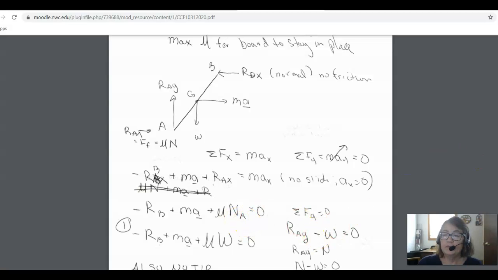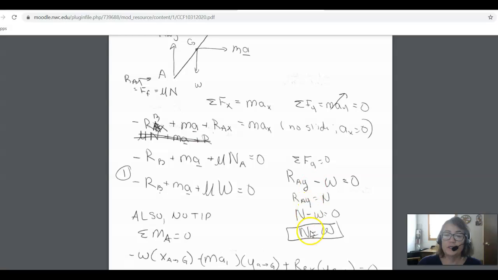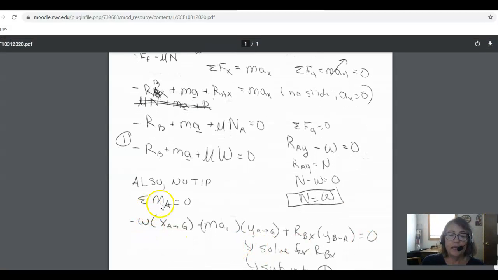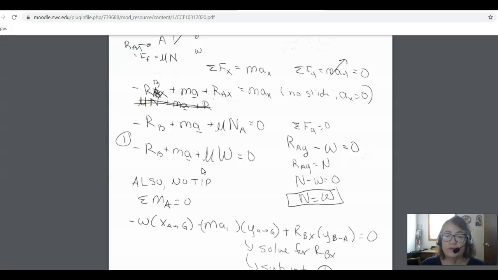I then do my summation of forces in the y direction, which just involves these two, and I find that the normal force at A is equal to the weight. So I can substitute that into the equation, and I can come up with this equation. Now the problem is that I have two equations and three unknowns.